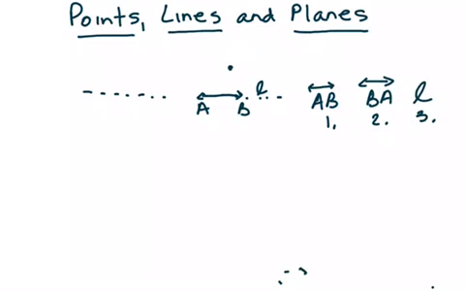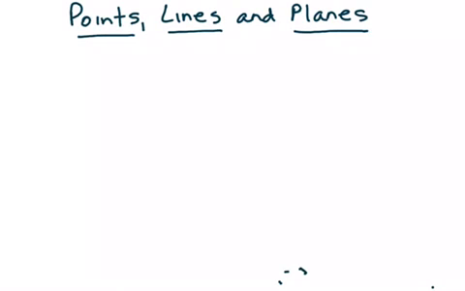All right, the last thing that I want to talk about is the plane. So a plane looks like this. You can think of it as a sheet of paper, kind of. But again, a plane does not have any depth.